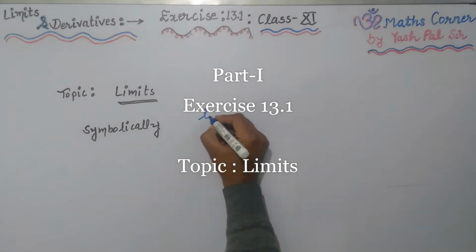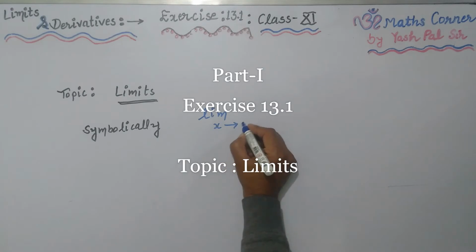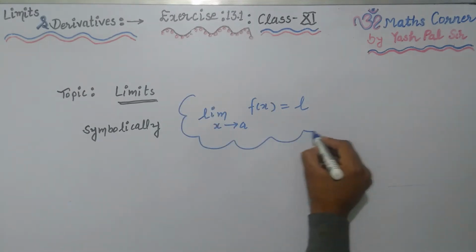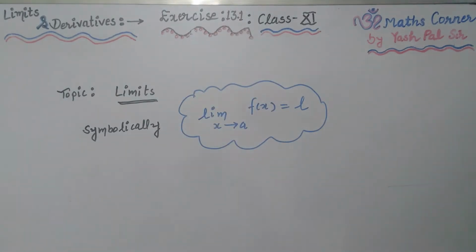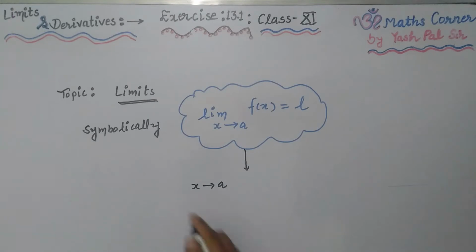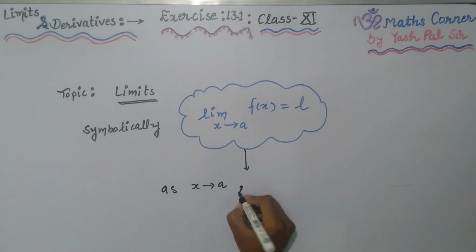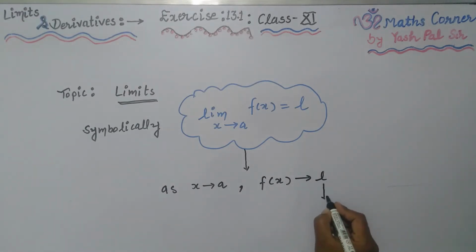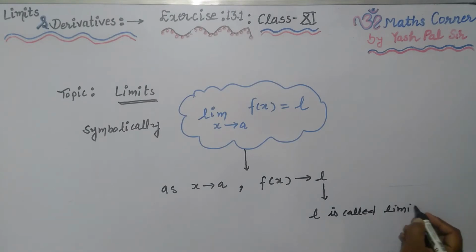Symbolically we write limit as x tends to a of f of x is equal to L. In general, we say x approaches a, or as x approaches a, f of x approaches L, then this L is called the limit of the function f of x.